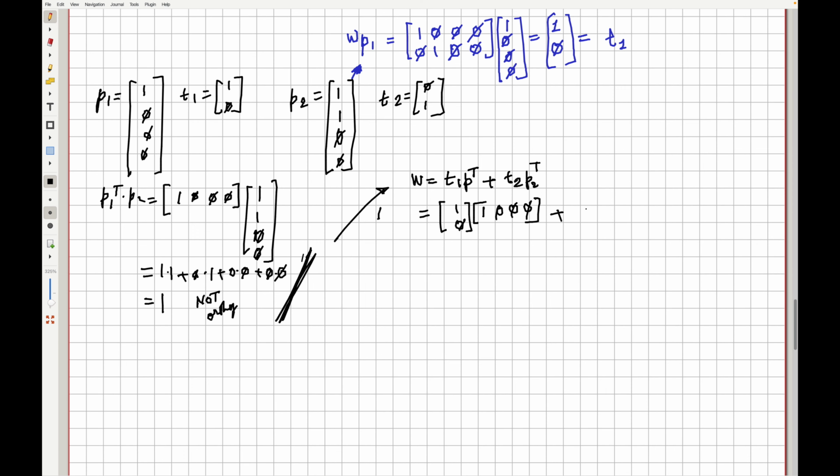And then for T2 we have the column vector 0 1, and this is 1 1 0 0. If we perform the outer products, here we get 1 0 0 0, and this is going to be all zeros at the bottom. And in the second case, we have all zeros in the top row and two ones in the bottom row.